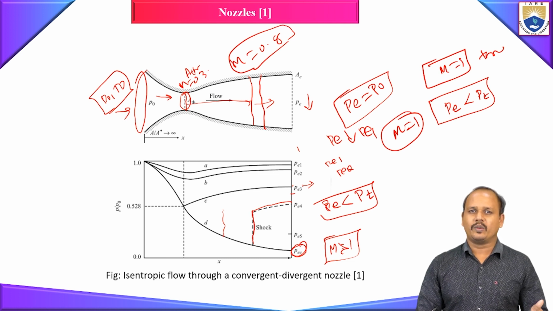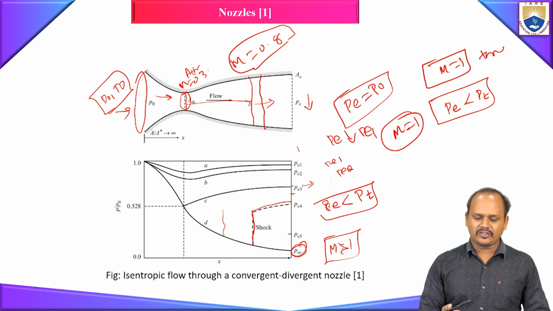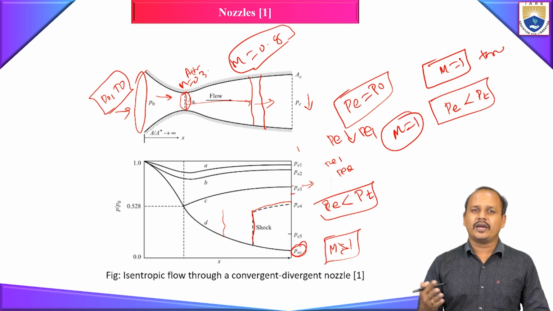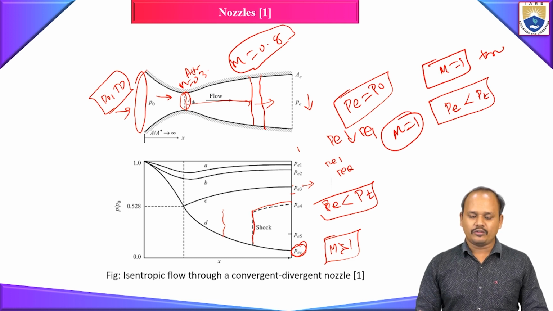But that's not what we want. The purpose of adding a divergent section after your convergent section is to get the supersonic flow. So that means the back pressure should be sufficient enough to push your normal shock wave outside, so that you can have the supersonic flow at the nozzle exit.